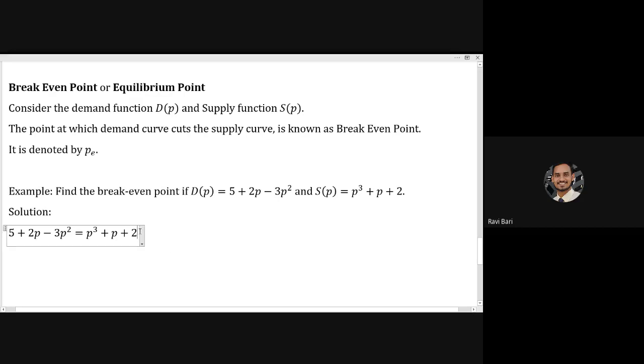Now write everything on the left hand side, or you just write on one side. So P cube plus 3P square minus 2P plus P plus 2 minus 5 is equal to 0.